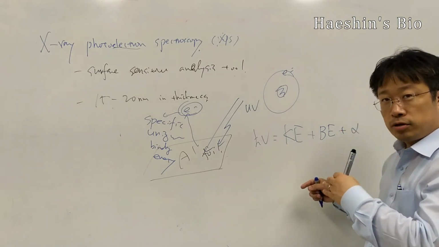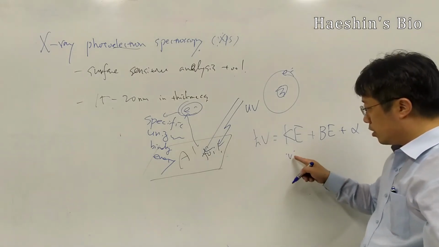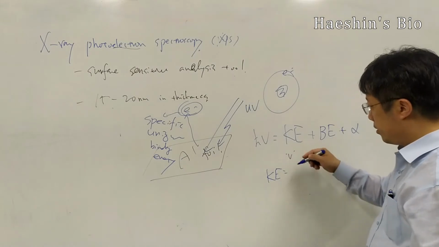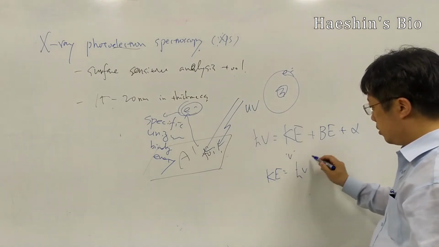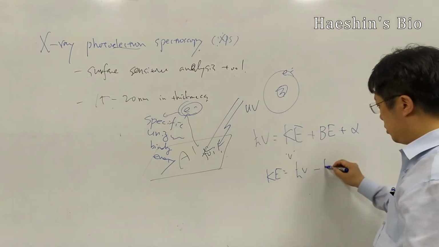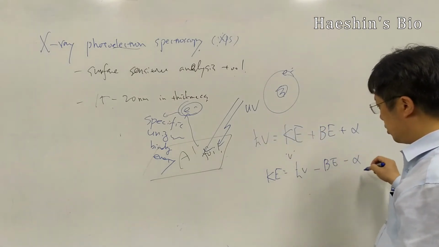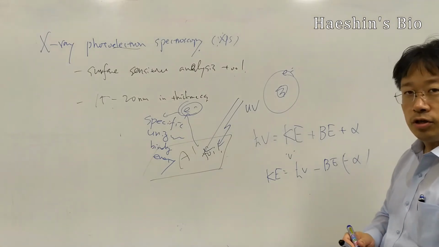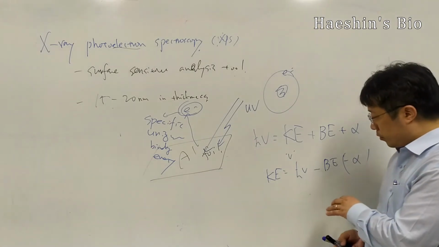We can experimentally measure the kinetic energy, such as the velocity, so we can measure this. Anyway, this is a constant, so you can ignore it.